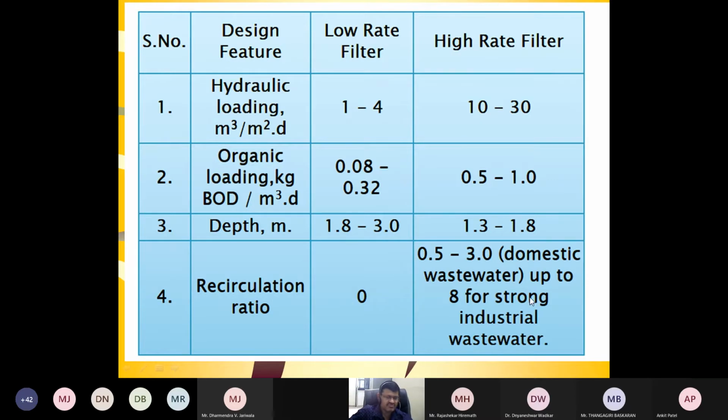But the high rate filter is very fast, so we have to do recirculation. Nowadays we have tower filters, about a 3-story building, where the media is filled up and the wastewater comes from upwards, and then degradation is done.